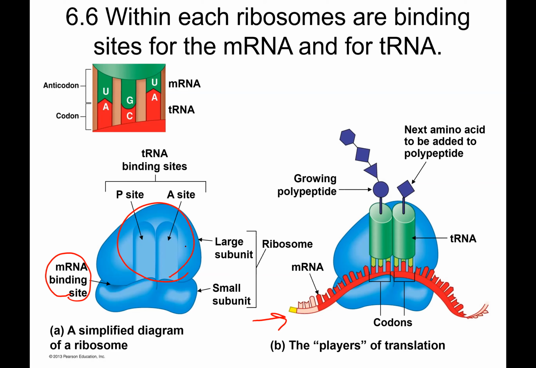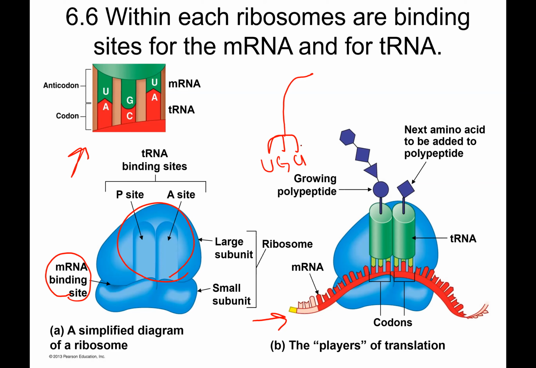first we look up here, this is showing us a single codon. Remember, a codon is a set of 3 nucleotide bases that codes for one amino acid. And what happens is the tRNA molecule comes in, it has an anticodon made up of 3 nucleotide bases. Because remember, we're dealing with RNA, we're using uracil instead of thymine.